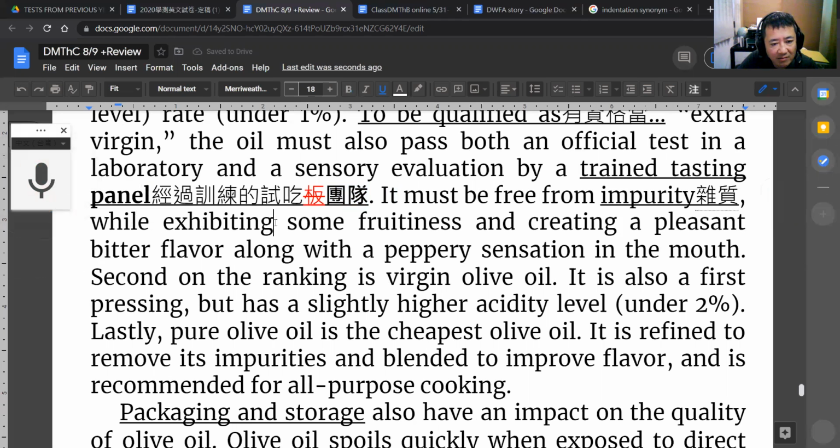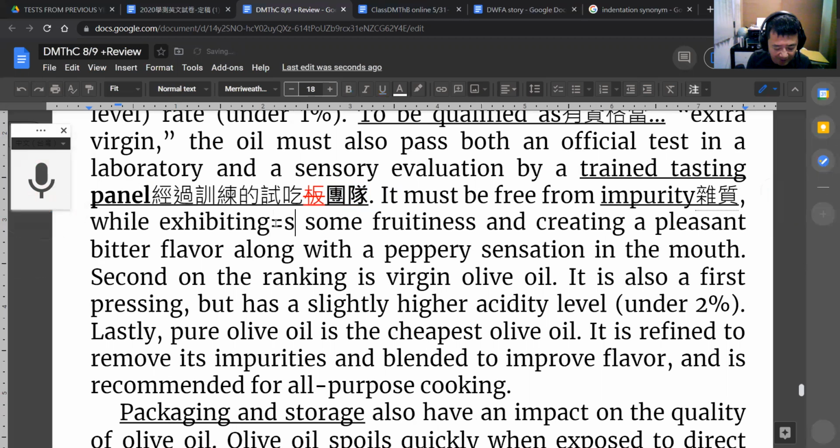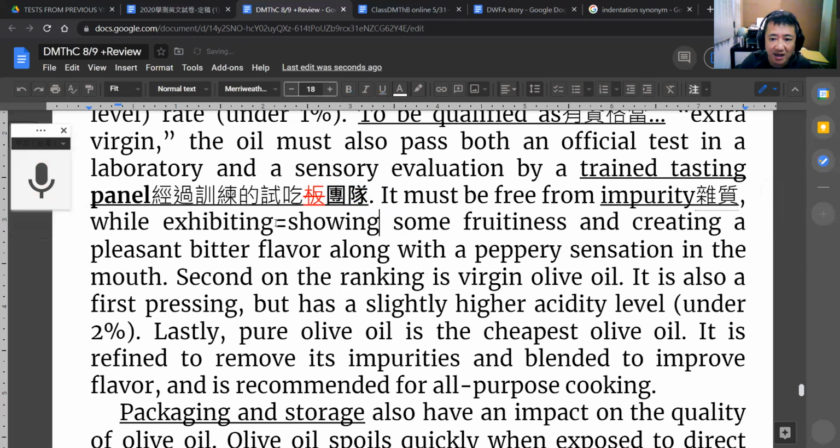While showing, remember, exhibit means show, right? While showing some fruitiness, and excuse me, I just almost spat out my throat. While showing some fruitiness and creating a pleasant bitter flavor along with a peppery sensation in the mouth.